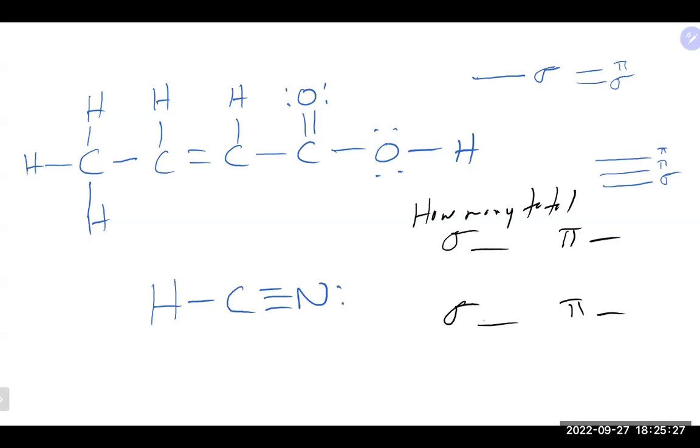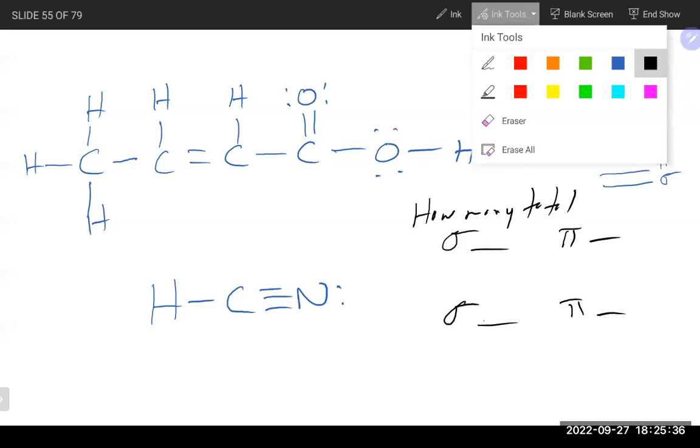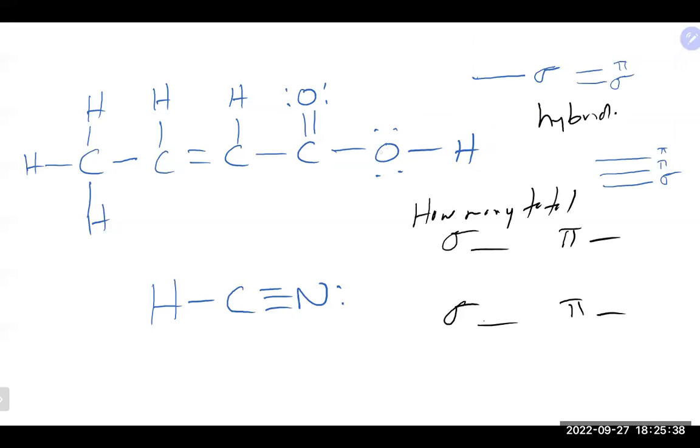And also give the hybridization for each of the atoms that are highlighted here. So give the hybridization for this guy, that guy, that guy, that guy, that guy, this guy, and that guy. All right, take a minute, see what you come up with here. I'll do it as well since I just drew it.